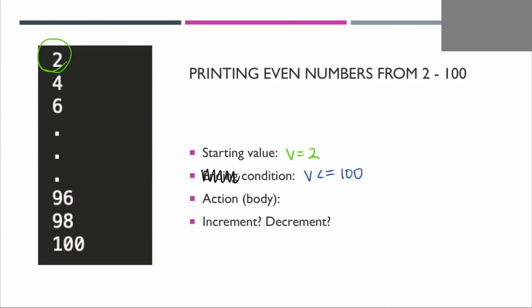We don't want to exceed that. Then let's skip down over to here again, increment or decrement. How should we do this? Do we want to increment or do we want to decrement, and by how much? We can increment by 2, perfect.